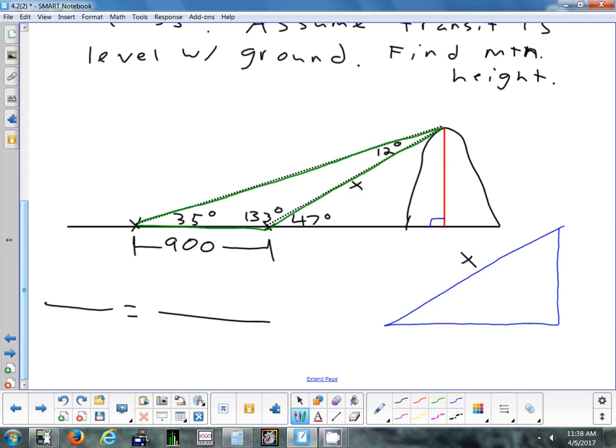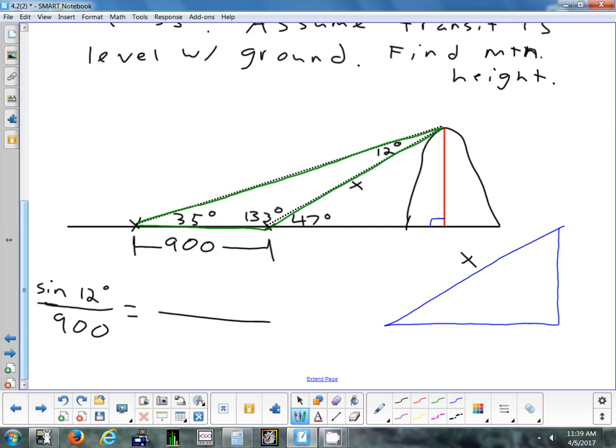So if I wanted to set up my law of sines, what could I put on the right-hand side? The sine of what? Okay, 12 degrees over 900. Yep. We don't have anything labeled A, B, C, alpha, beta, gamma, so now it's important to just understand the idea.